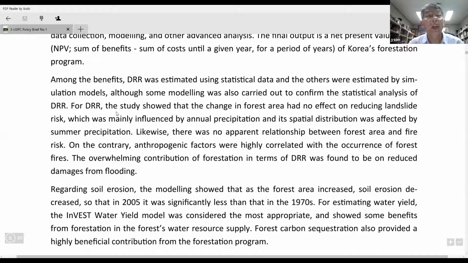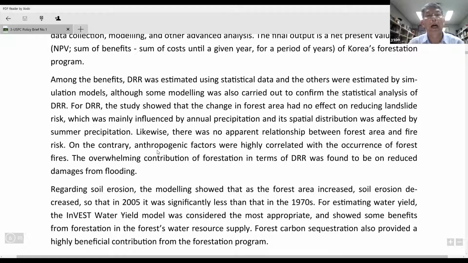And for DRR, our study shows that the change in forest area had no effect on reducing landslide risk, which was mainly influenced by annual precipitation, and its spatial distribution was affected by summer precipitation. Likewise, there was no apparent relationship between forest area and fire risk.